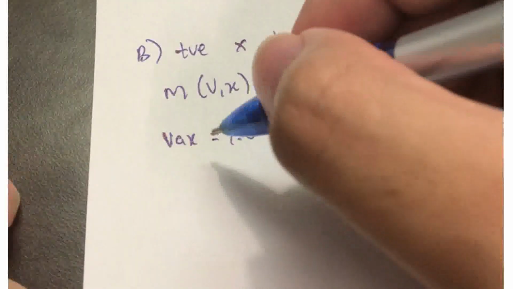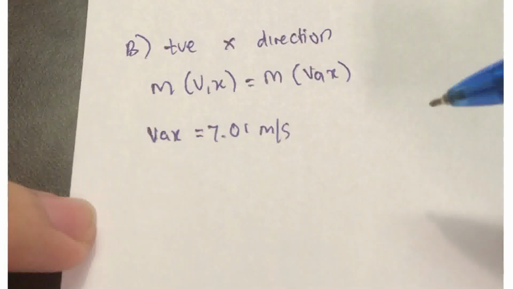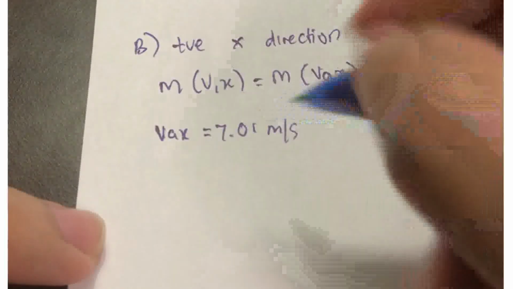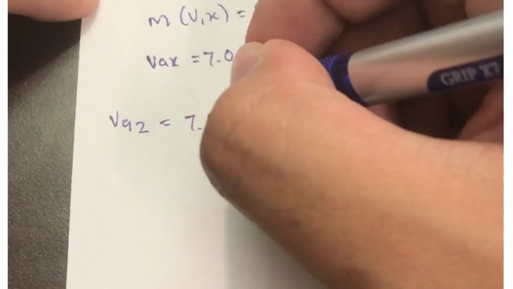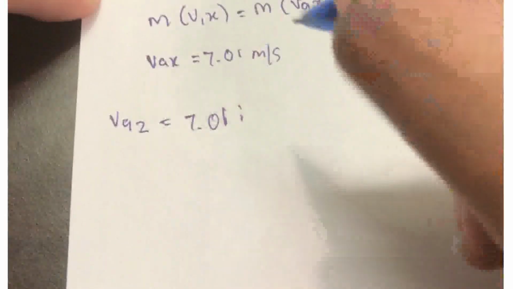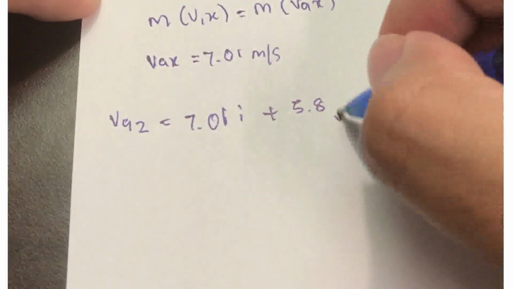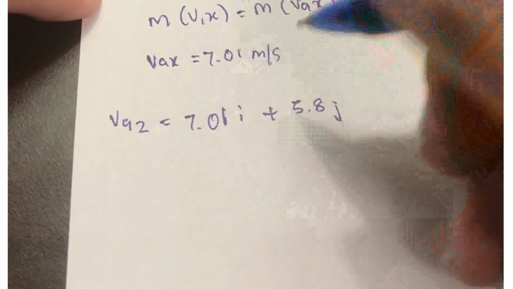This we get from question number 1. So the rebound velocity of the ball at A is Va2 equals 7.0101i plus 5.8j. We are using the vector form.